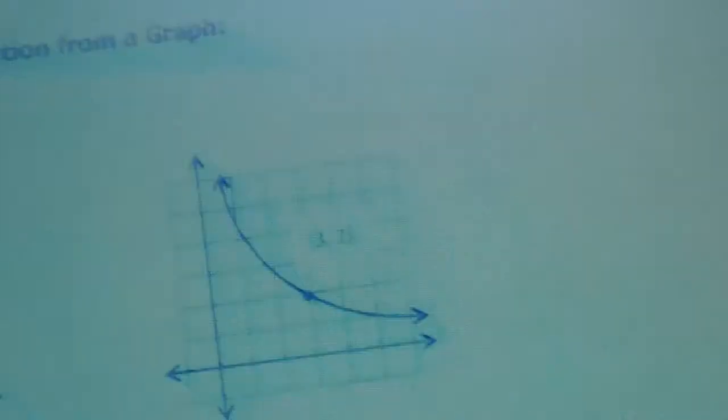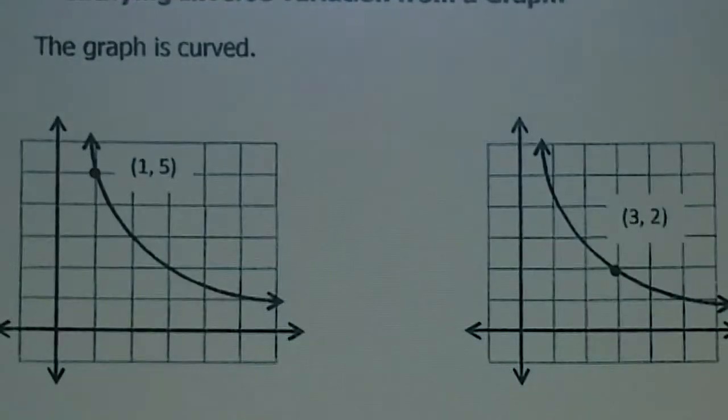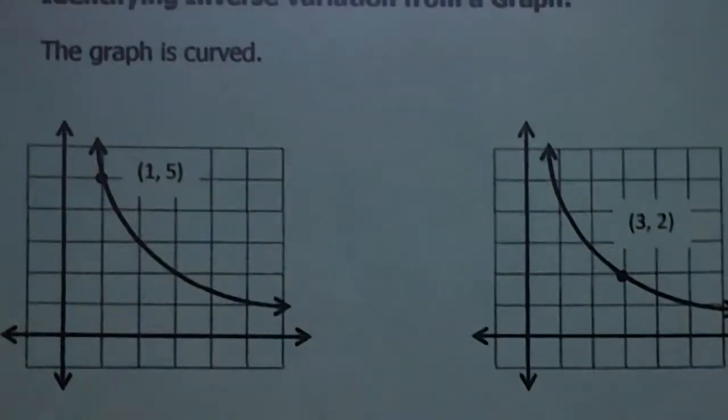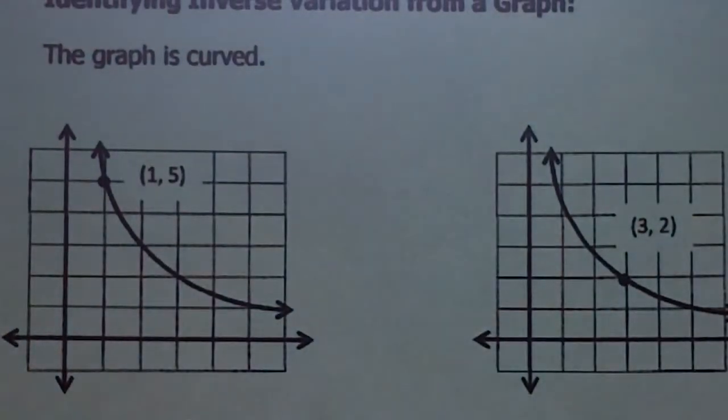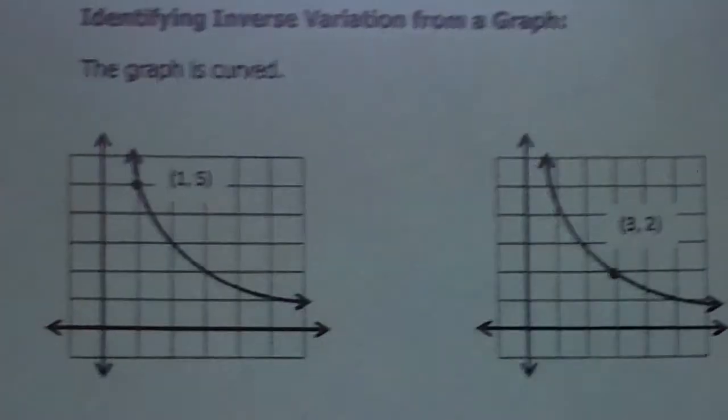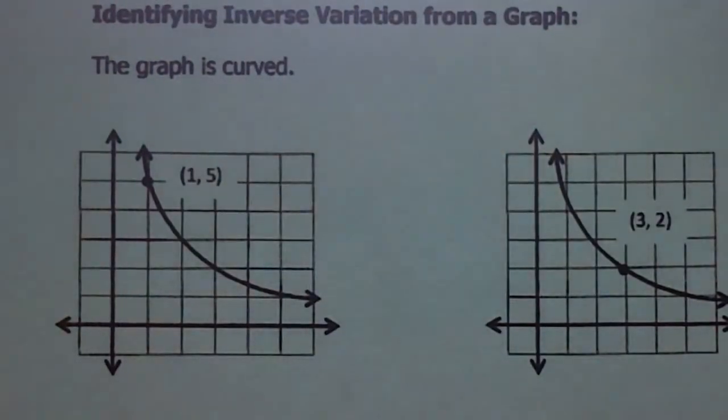All right, turn the page, and the last thing we have to do for the whole chapter is to look at the graph here. So, identifying inverse variation from a graph. Basically, when you have inverse variation, this graph is a nice smooth curve, and it can never touch the x or y axis.